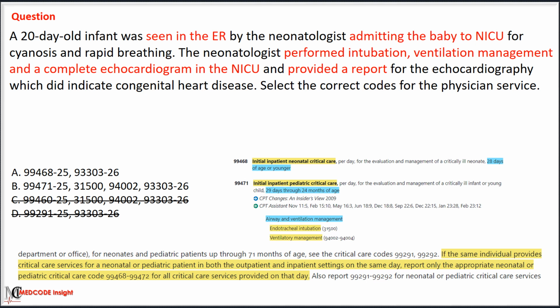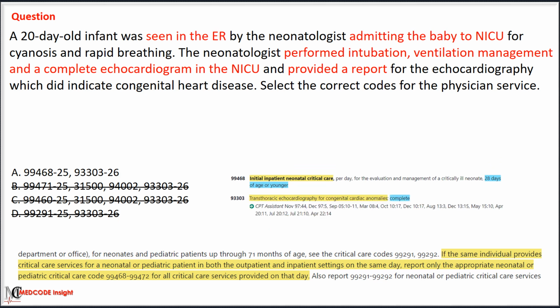The baby is 20 days old and receiving intubation and ventilation management. Both services are included in the neonatal and pediatric critical care code, so we cannot code them separately. Therefore, we will also eliminate option B with the code 31500 used for intubation and 94002 used for ventilation management, as it is already covered under the neonatal and pediatric critical care code.